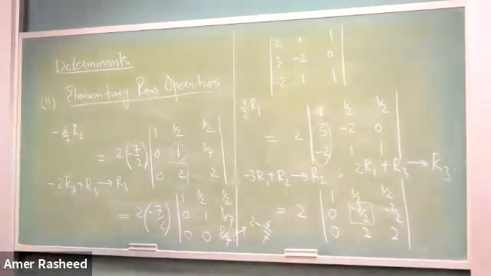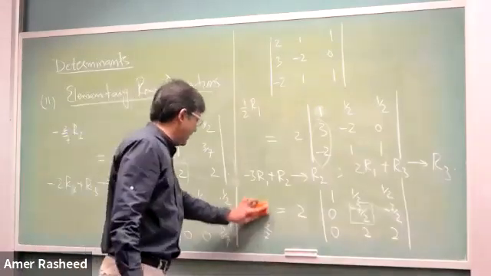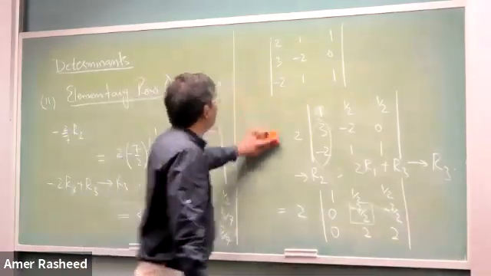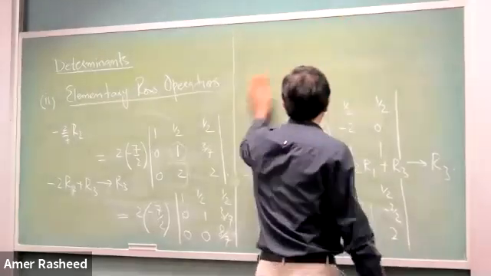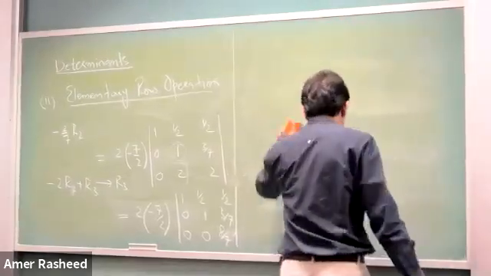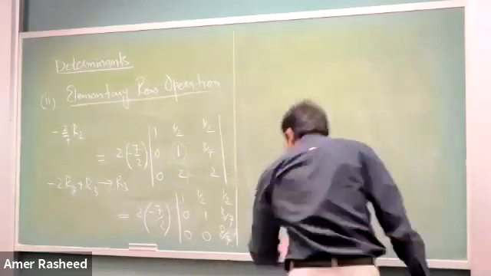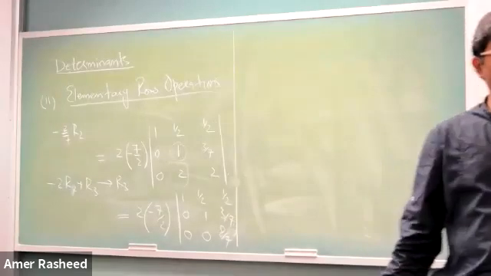So we get this. Now this matrix is in echelon form. We don't need to apply further operations. Now, the determinant is in initial form.